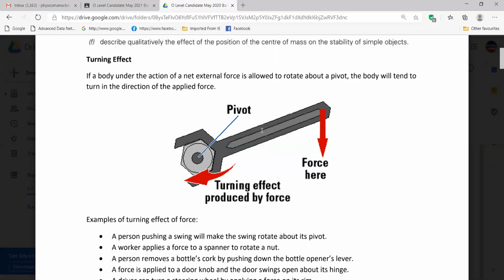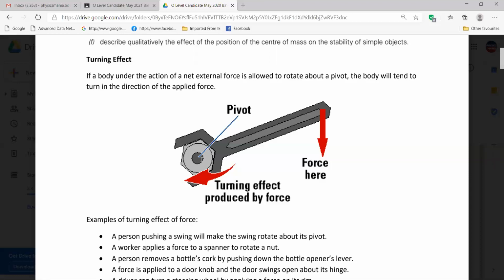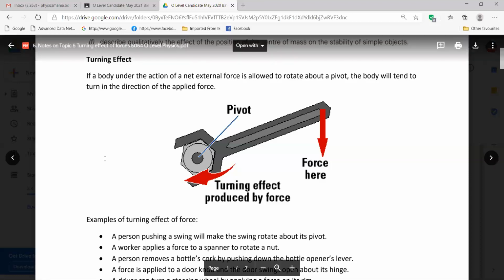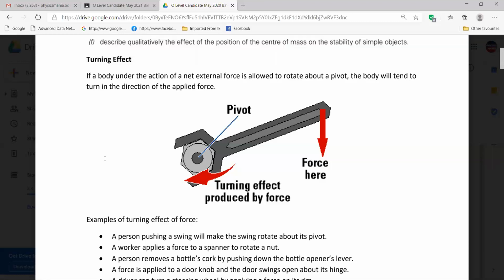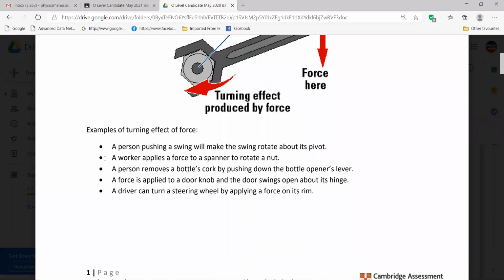If your distance is smaller, like here, then it's very tough for you to open, right? So here we are applying the formula of moment to understand problems, right? Okay, now examples of turning effect of force.